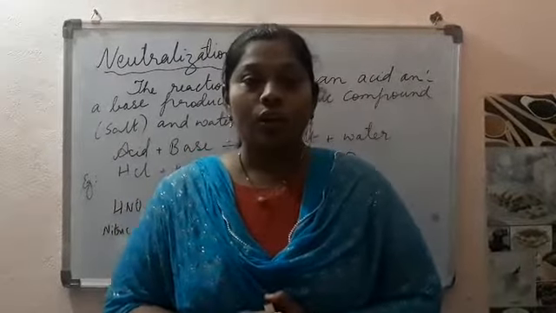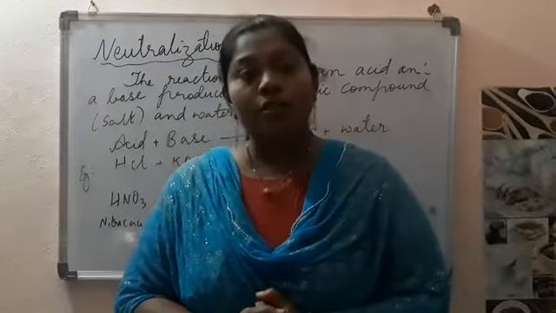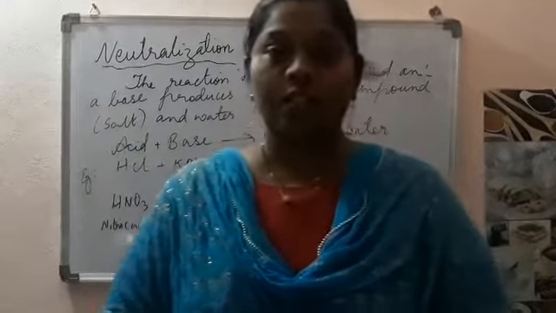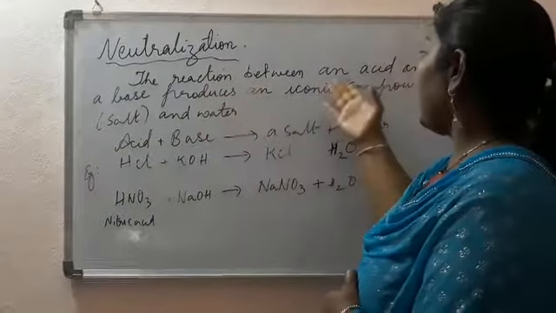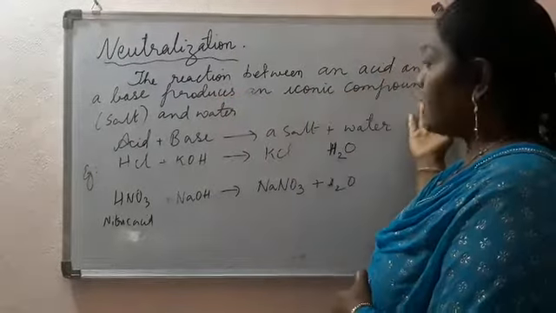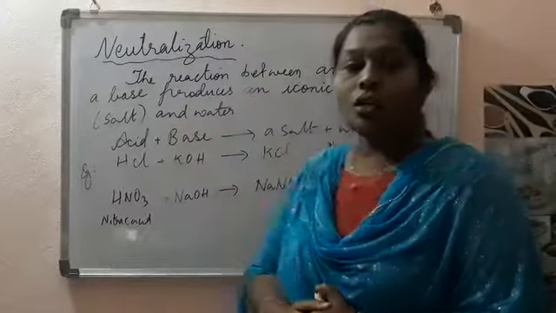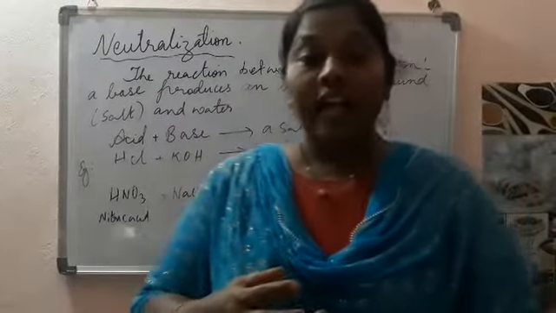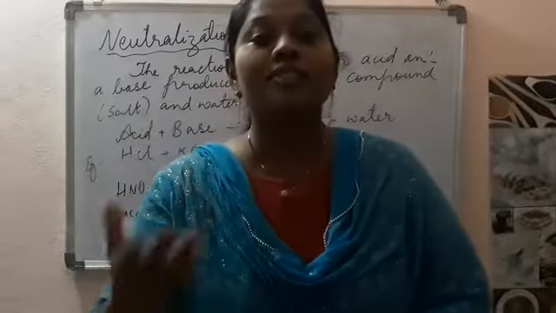Okay children, so here we are talking about the neutralization technique. What is meant by neutralization? Okay, we'll see the definition first. The reaction between an acid and a base produces an ionic compound, that is nothing but the salt and water. So now we are reacting the acids and the bases to produce salts.